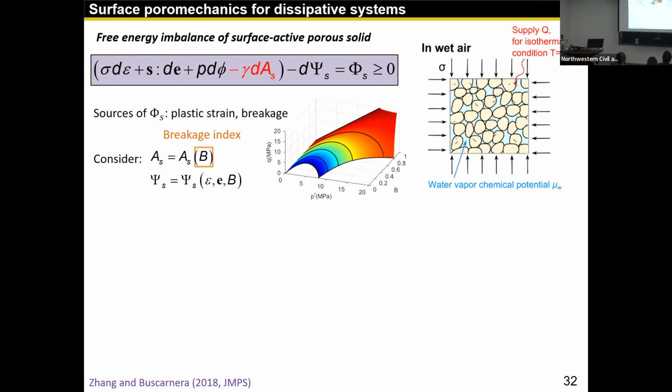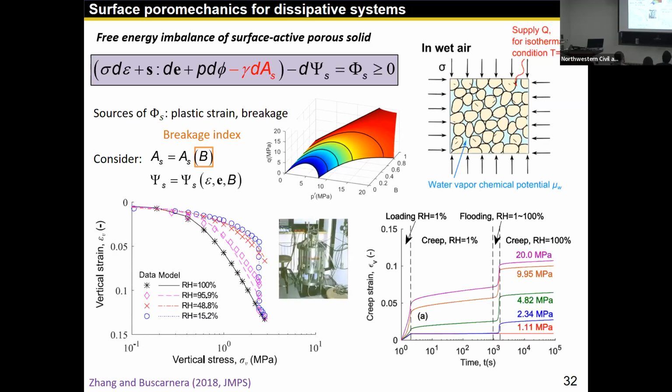And consider dissipation as a source that comes from plastic strain breakage. You can then establish an elastoplastic model with, here, a teardrop surface in PQ space, and it expands in terms of breakage. And because the surface tension is there, and surface tension is a function of the environment, you can model the humidity-dependent variation of the compressibility of these crushable granular systems.